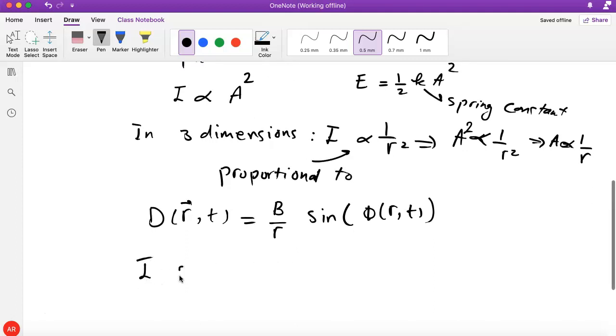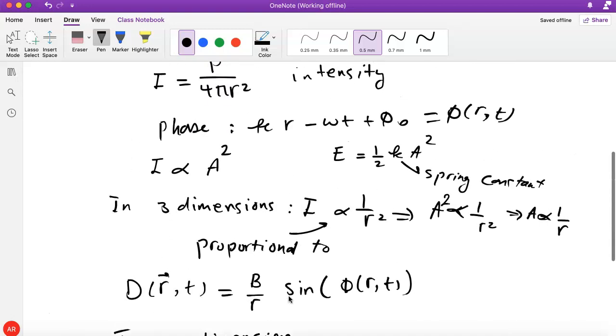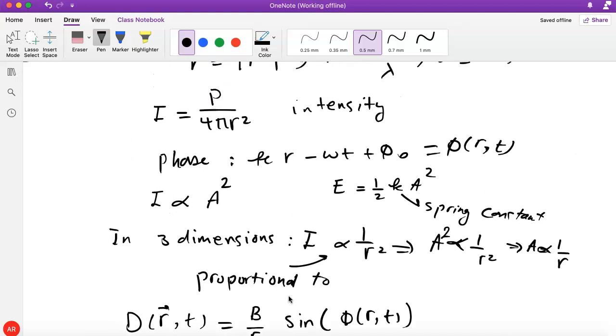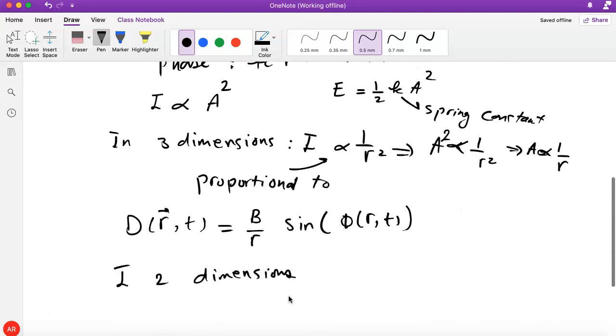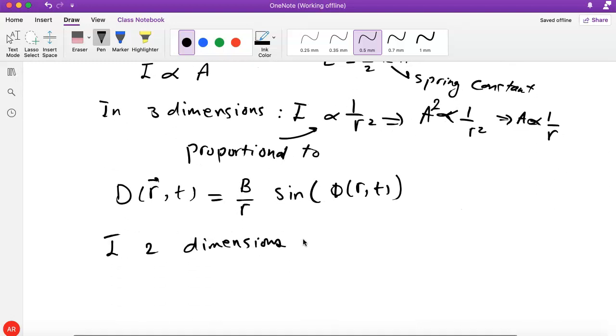In 2 dimensions, one expects the intensity to go down as 1 over r, right? It should go like the perimeter of that circle. So in 2 dimensions, we expect a of r to be proportional to 1 over the square root of r.